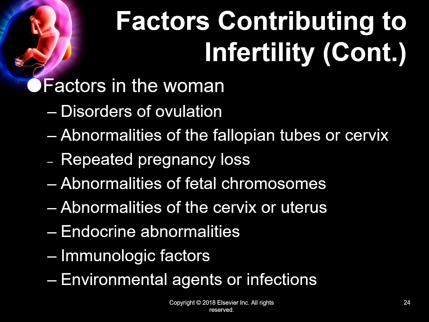And there are some disorders of ovulation, and they include abnormalities of the fallopian tubes or cervix, repeated pregnancy loss, abnormalities of fetal chromosomes, and abnormalities of the cervix or the uterus, and also endocrine abnormalities, immunologic factors, and environmental agents or infections.